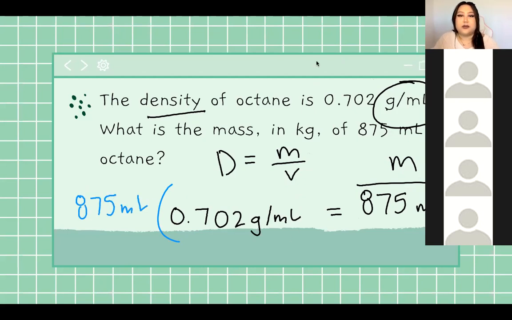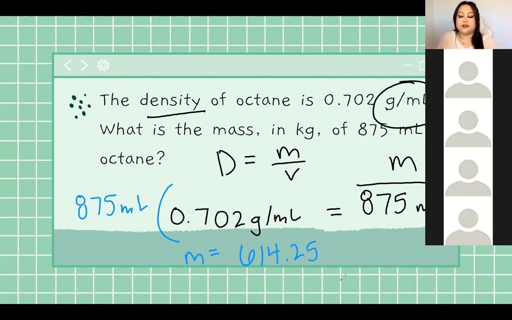And then can anyone tell me what they get when they plug this into their calculator? Yeah, thank you, Melanie. 614.25.